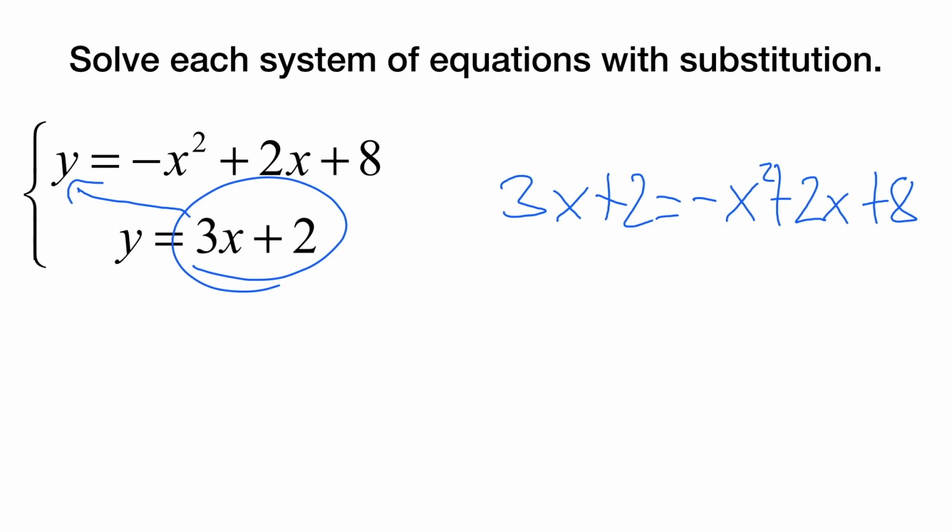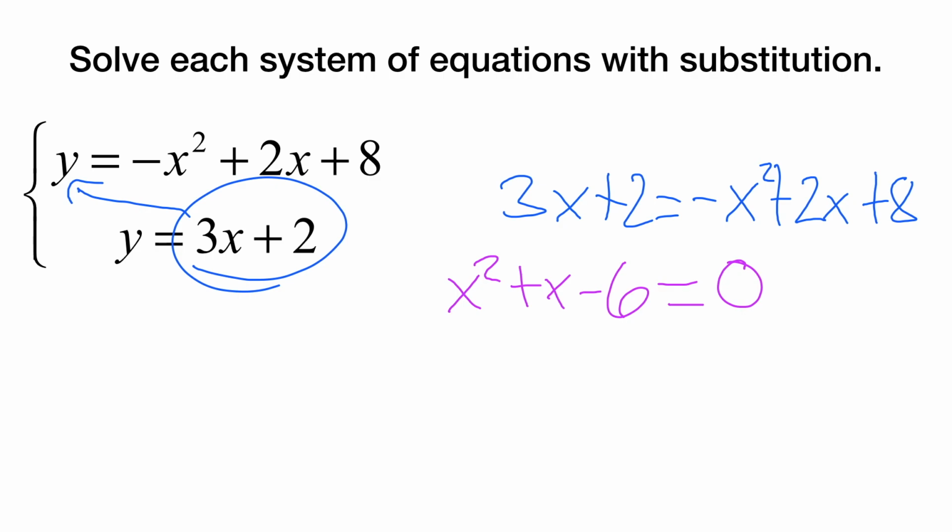So I'm actually going to move everything over to the side with the 3x. So add x squared, subtract 2x, so plus x, and then subtract 8, so minus 6. X squared plus x minus 6 is 0.